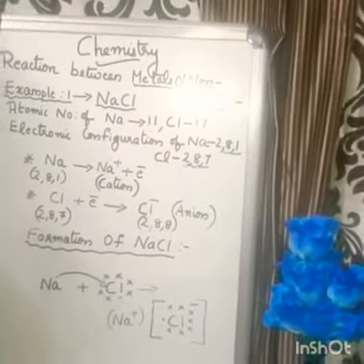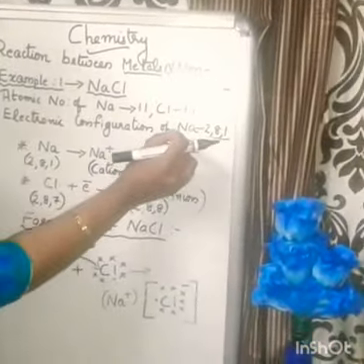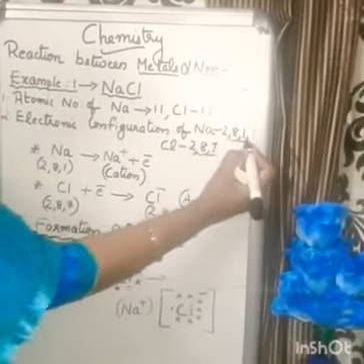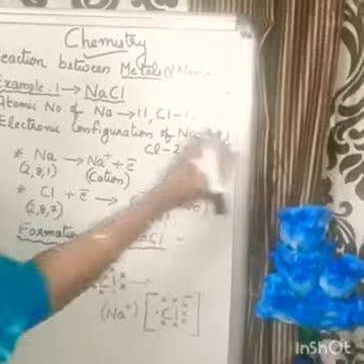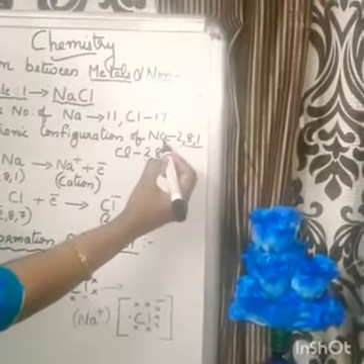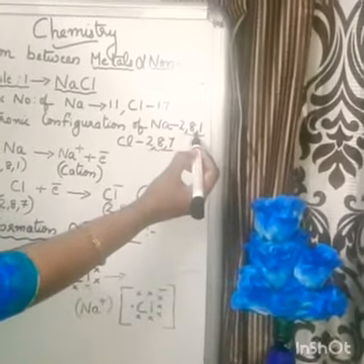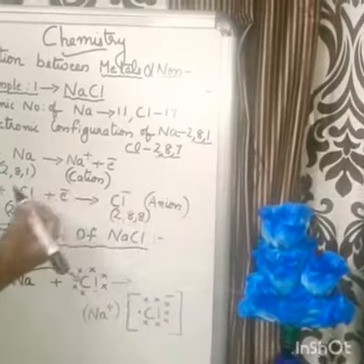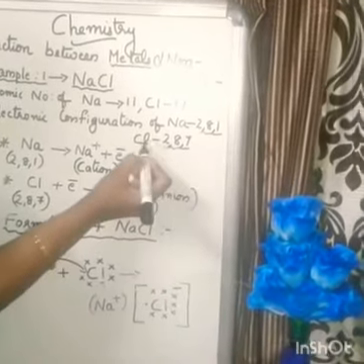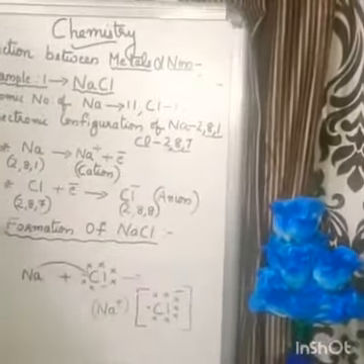You already studied that for an atom to be stable, the outermost shell should have 8 electrons. Sodium, with 2,8,1, is not stable. Chlorine, with 2,8,7, is also not stable.